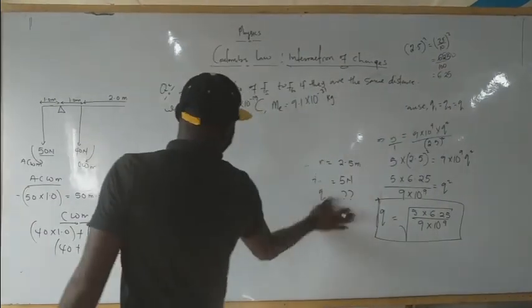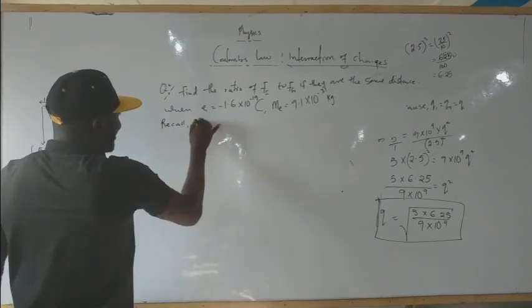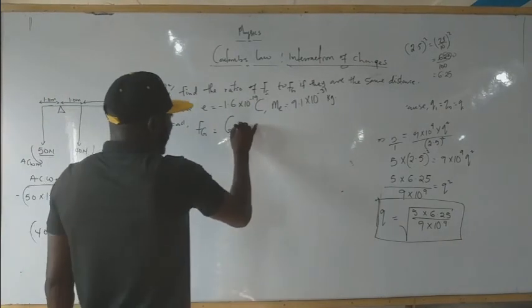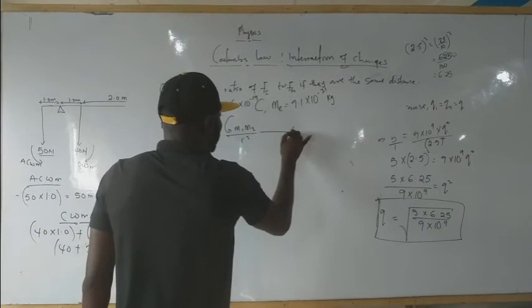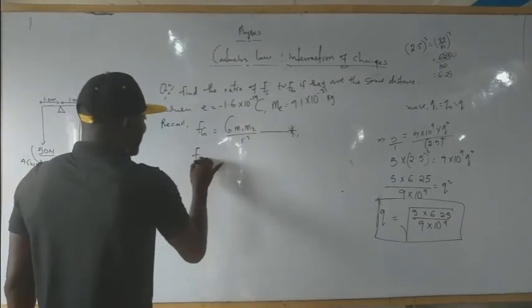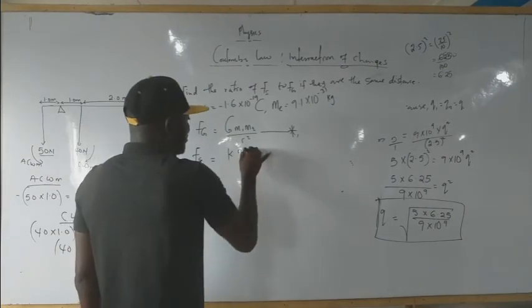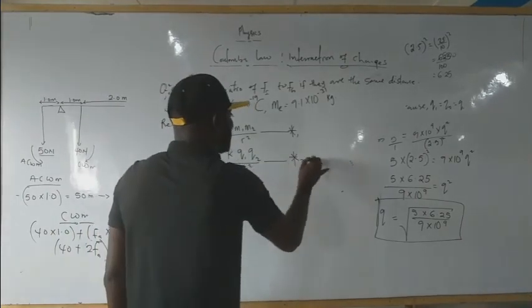So recall that Fg equals G M1 M2 over R squared, and Fe equals K Q1 Q2, everything over R squared. We call this asterisk 2.